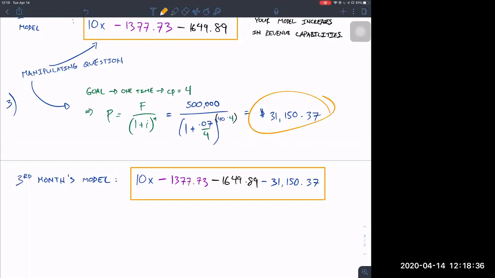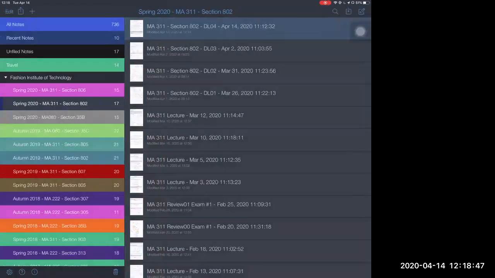So what I'm going to do now is just copy and paste this right now so that you don't have to worry about writing this out. So this was from last semester. I just want to make sure I get the correct lecture.